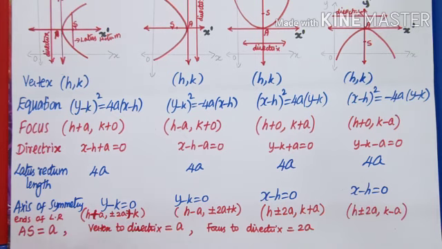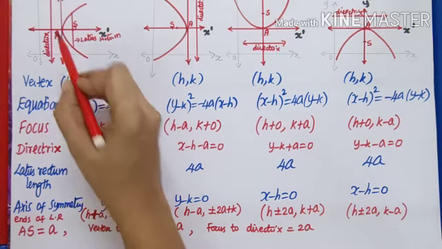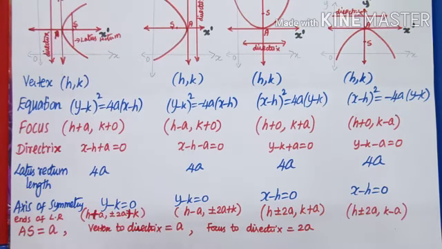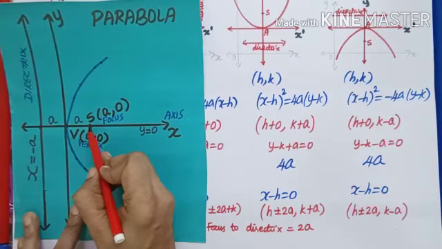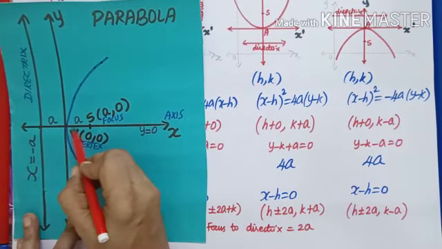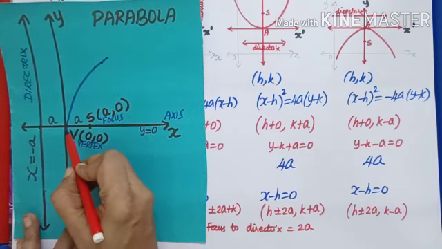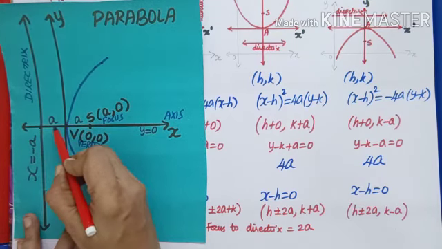Now, we have to remember certain things for applying in the problems. Vertex to focus, we can see from our original diagram. What is the distance we have taken? A. Vertex to directrix, what is the distance?